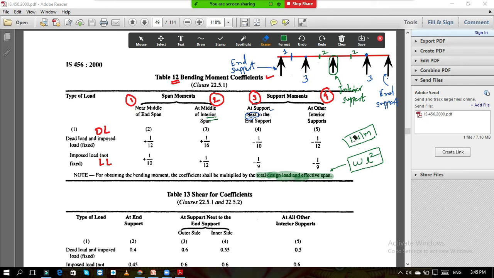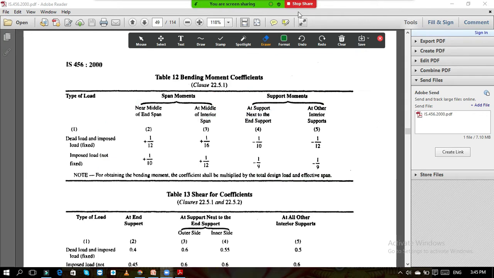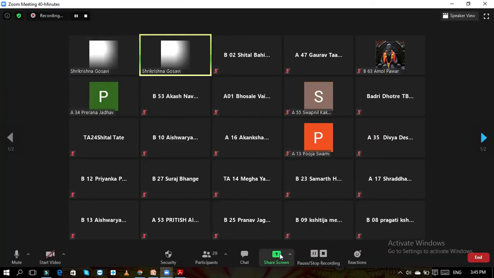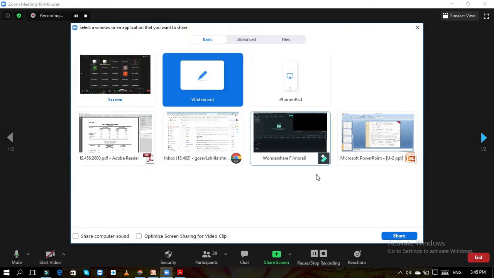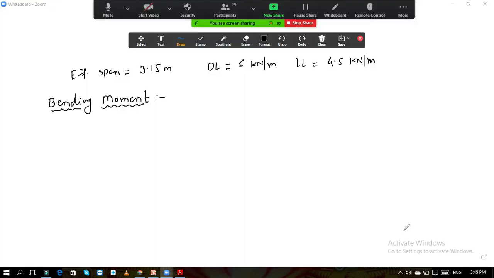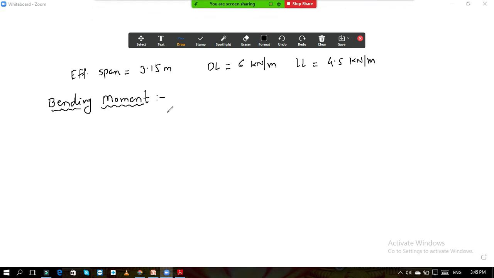Now we will move to the whiteboard. Now bending moment. First I will calculate the bending moment at the middle of the end span.